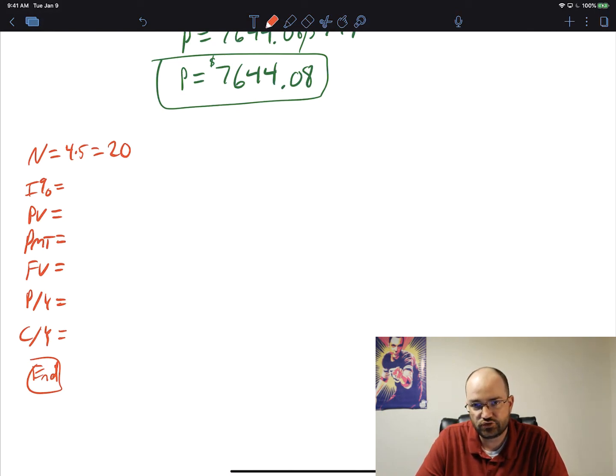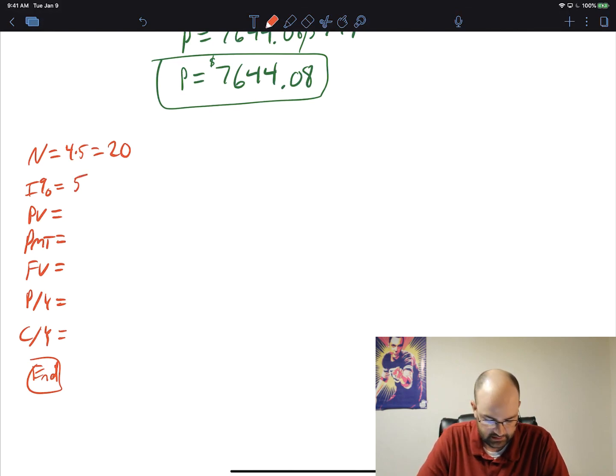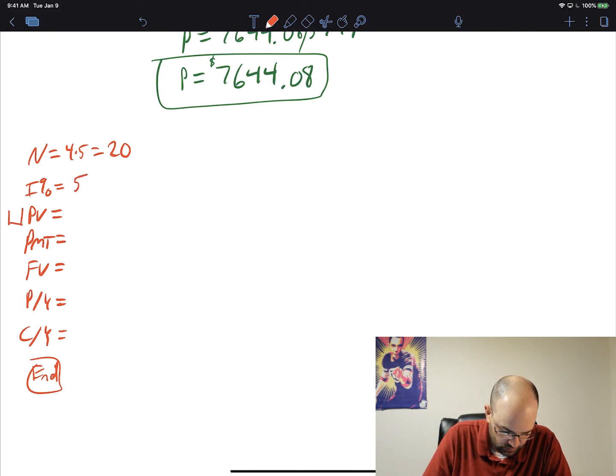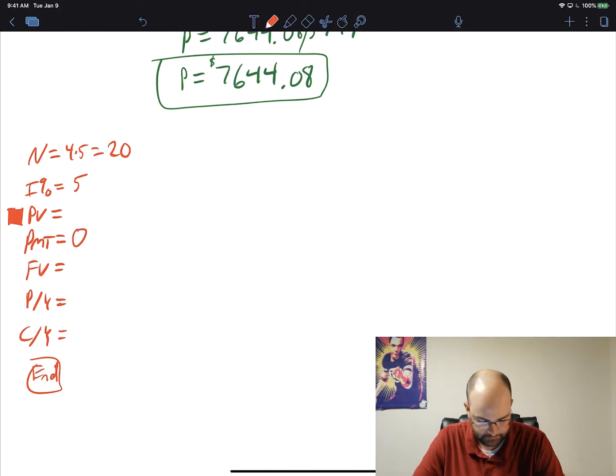I% is the interest rate as a percentage, which is 5. And the PV is what we want to figure out, which is what you'll do with the second Enter once you're done. So keep going. Payments, PMT, should be 0 because we're not making any payments over time. FV is the future value.